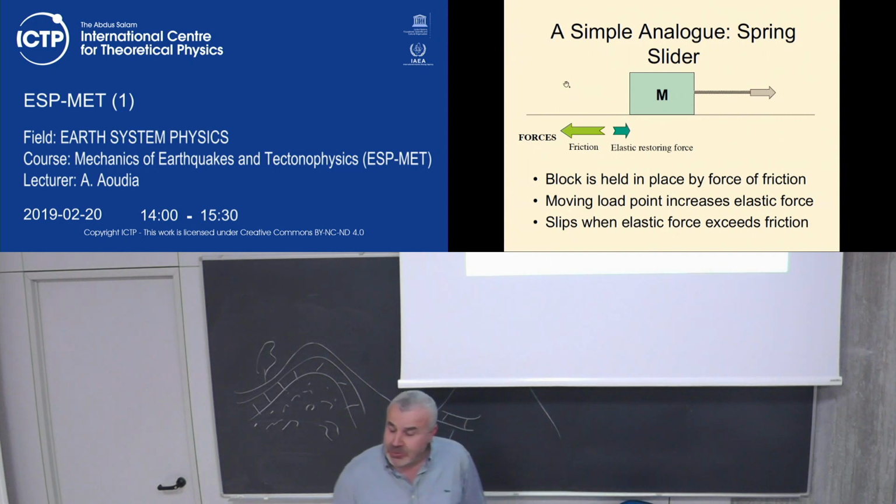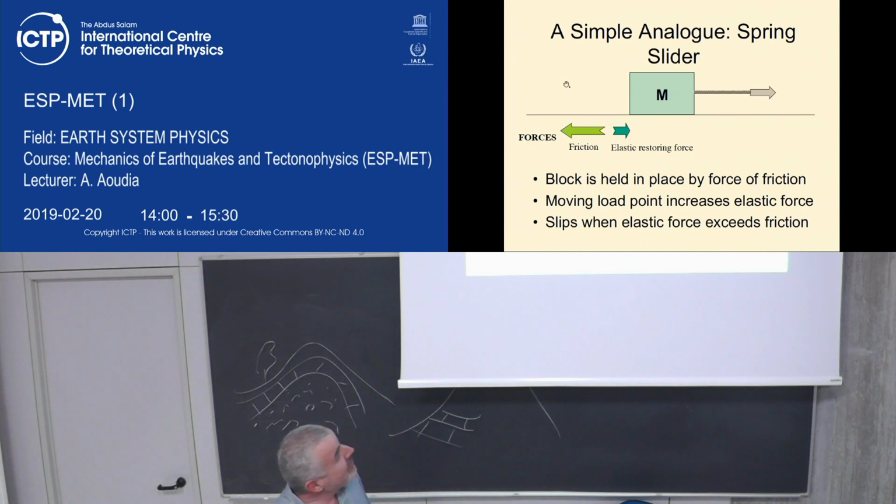Then at some point, the block has to stop. The frictional forces will become bigger than the elastic restoring forces. This is why the block stops. If the frictional forces are not higher than the elastic restoring forces, then the block won't stop. Okay?